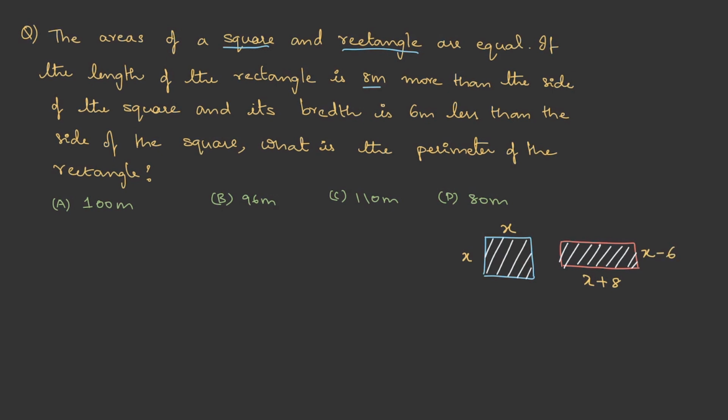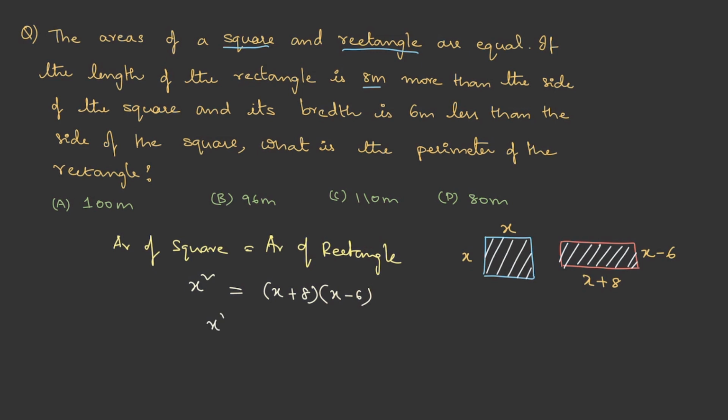And because the areas are equal, we can equate area of square equals area of rectangle, that is x square equals (x plus 8) into (x minus 6). This is x square equals x square plus 2x minus 48, or x is 24 meters.